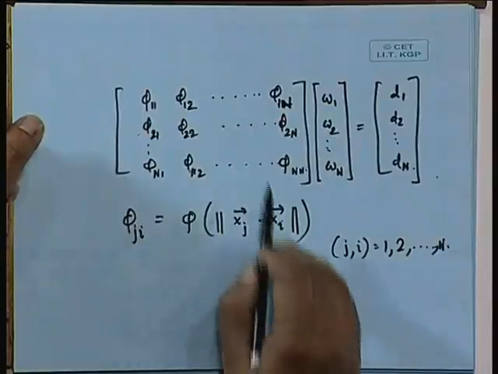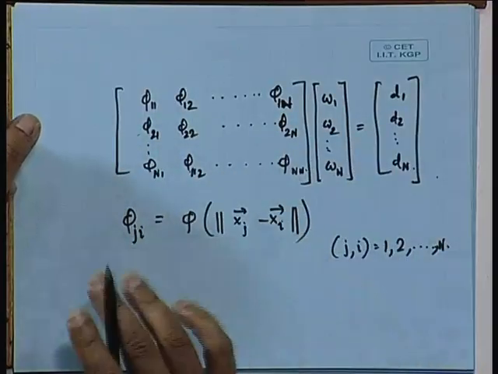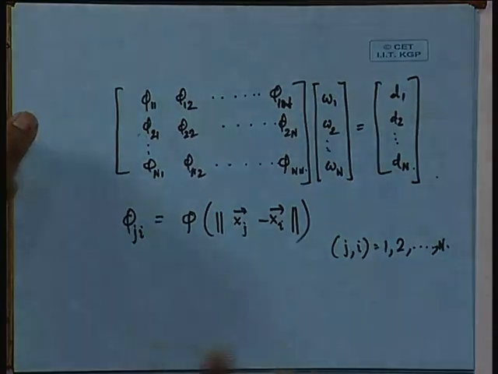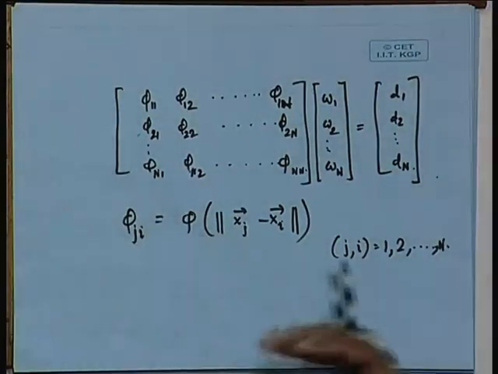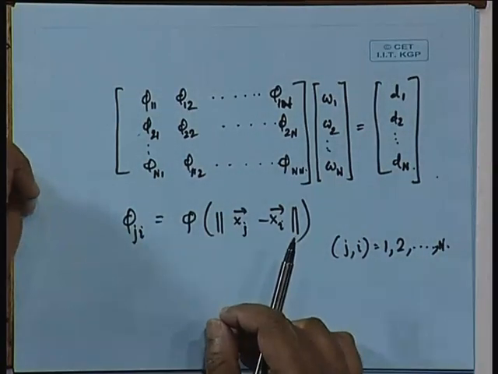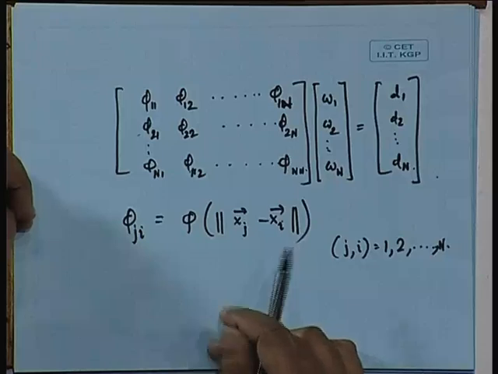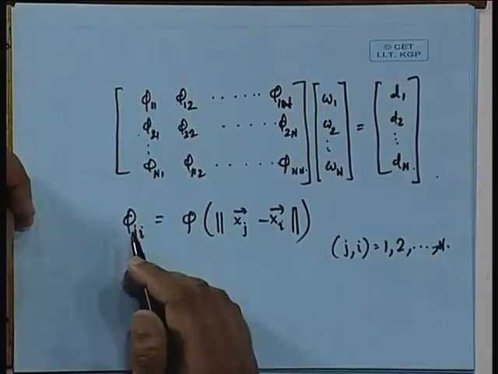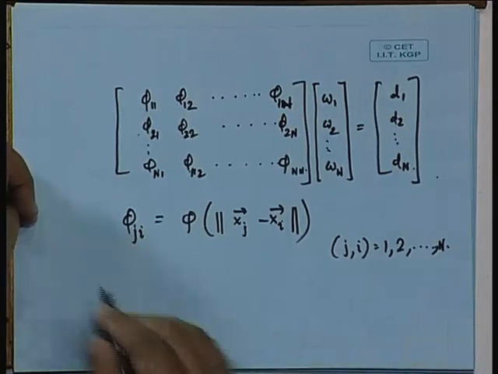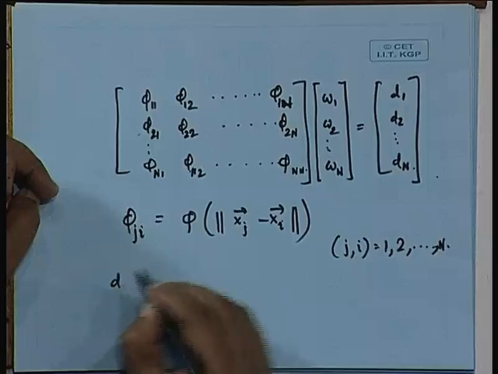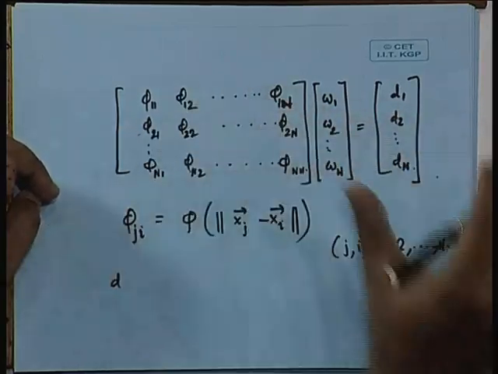So, in effect we are forming an n by n dimensional matrix. Please do not misinterpret this as if I am realizing n square number of basis functions. The basis functions still remain n. Now, we just want to represent this equation in a compact mathematical form.